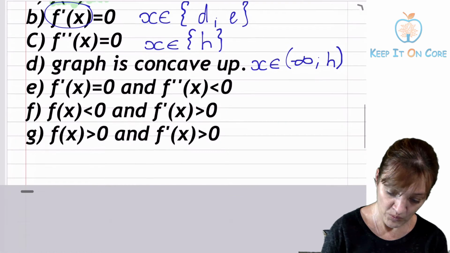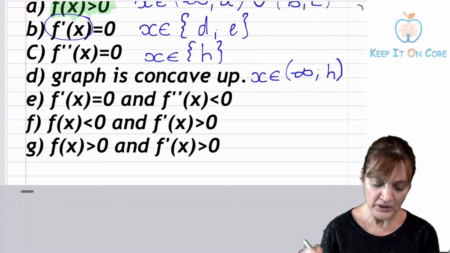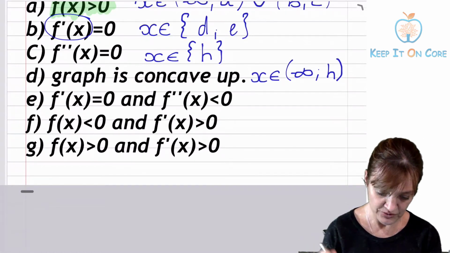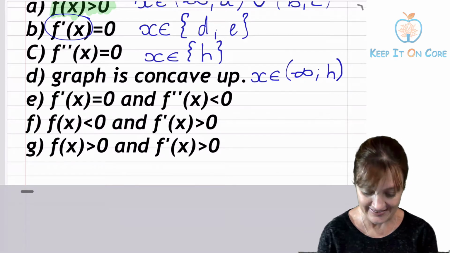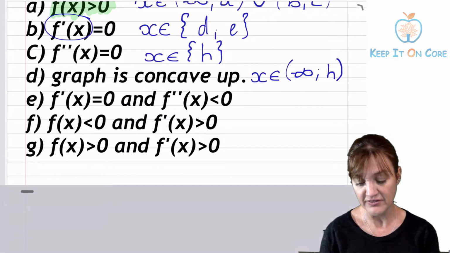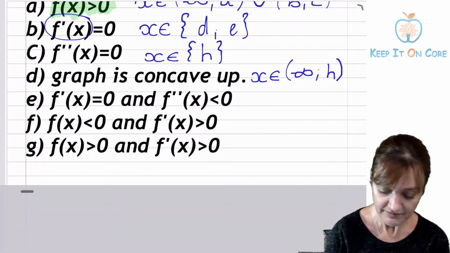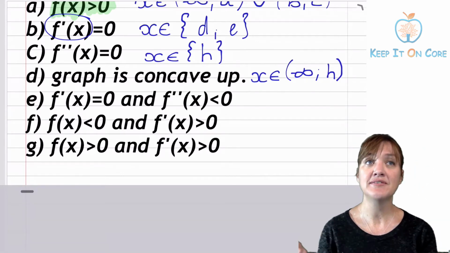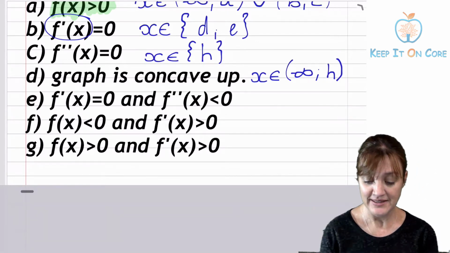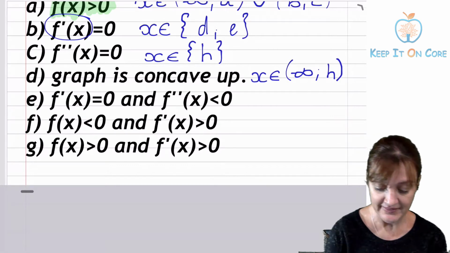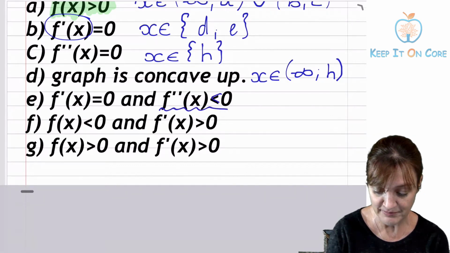Right, okay, what do we have over here? For which values of x is your derivative equal to 0 and your second derivative is less than 0? So derivative equals 0, remember, is your turning point. And which turning point has my second derivative being negative?